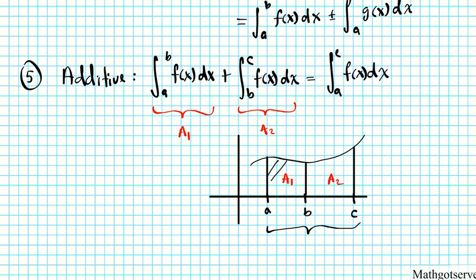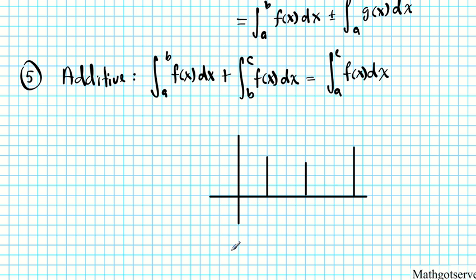So you can write them as one combined integral. So that sums the entire region bounded by these two areas that are adjacent to each other. Okay, so that's the reasoning behind this additive property. Okay, so now that we have our properties down, we're going to use them to solve some examples.